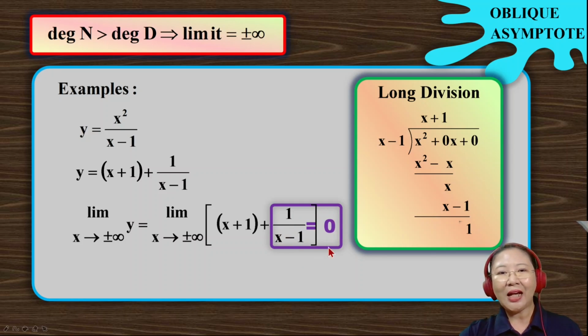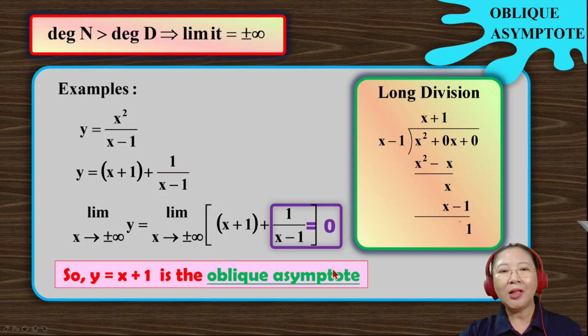So if this side is transformed to 0, then the asymptote that we create is not a vertical asymptote, nor is it a horizontal asymptote, but we call it an oblique asymptote, which means it is actually a straight line. So that's the first part of my video.